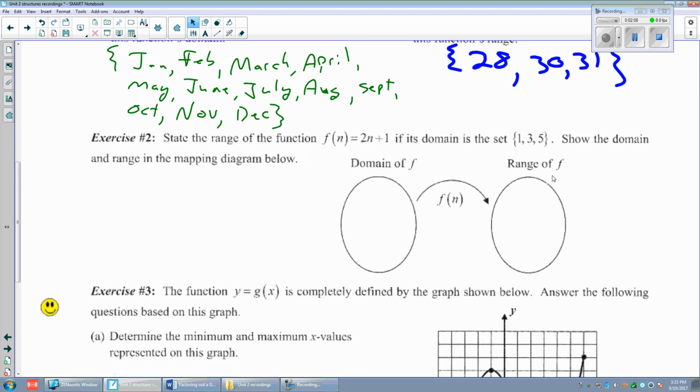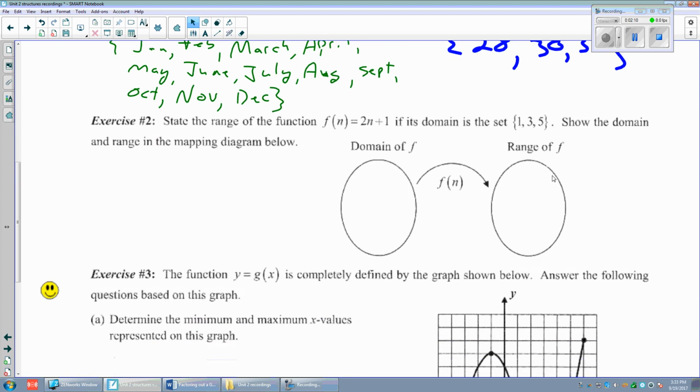State the range of the function, 2n plus 1, if its domain is 1, 3, and 5. Show the domain and range in the mapping diagram below. Okay, domain.